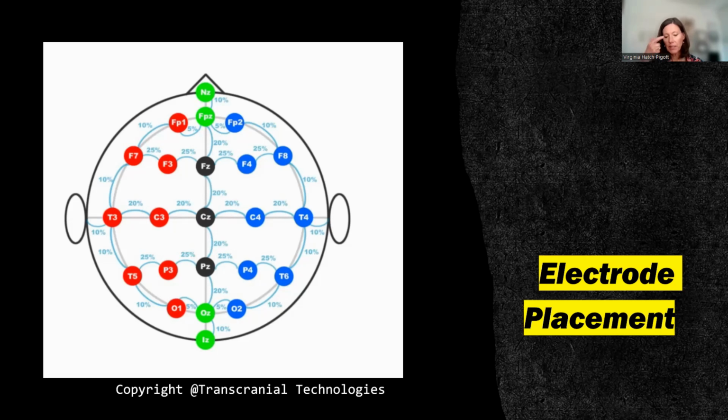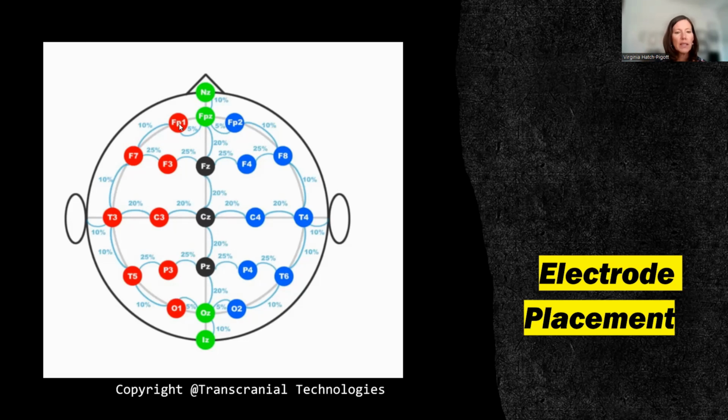The skull circumference is measured just above the ears at FPZ, T3, and OZ. 5% of the distance to the left is FP1, and 5% of the distance to the right is FP2, as you can see here.